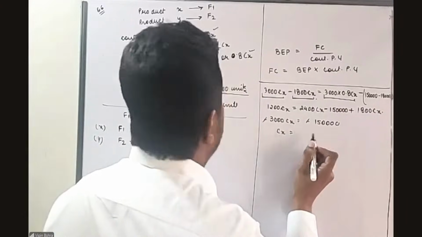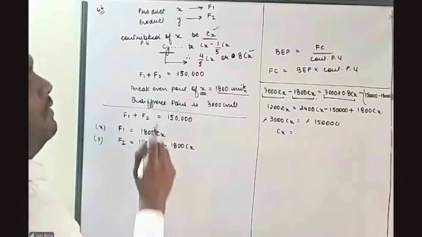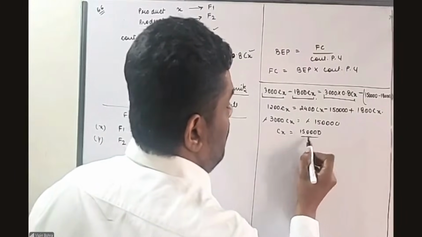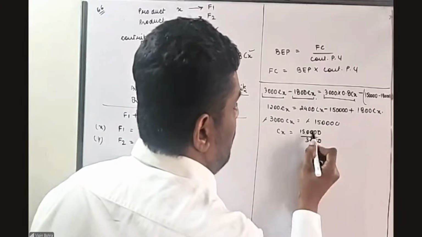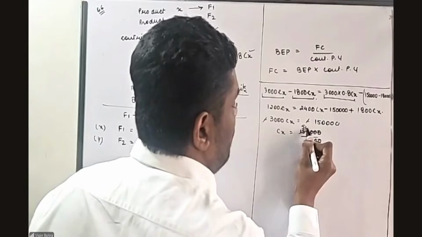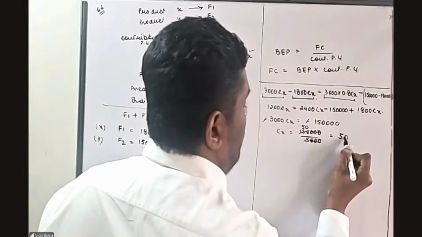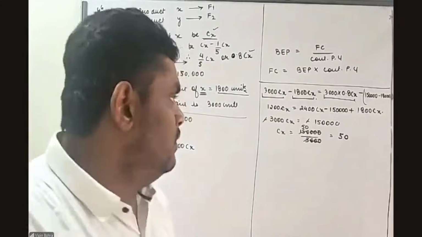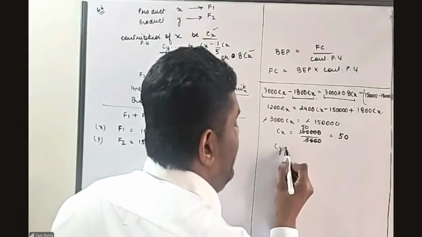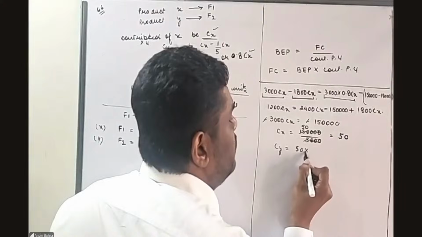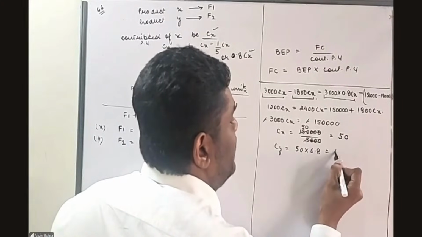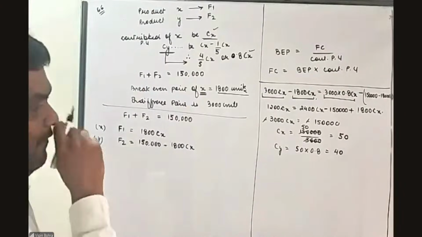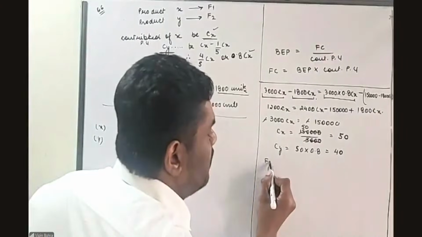So CX is equal to... so the contribution per unit of X will be Rupees 50. So we can easily calculate Y, that is 50 into 0.8, that is 40. Thereafter, we can calculate the fixed cost of X also.